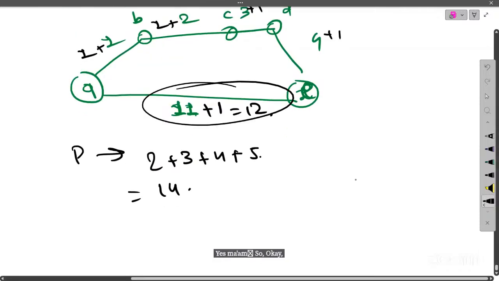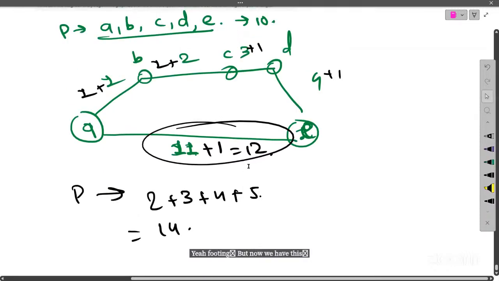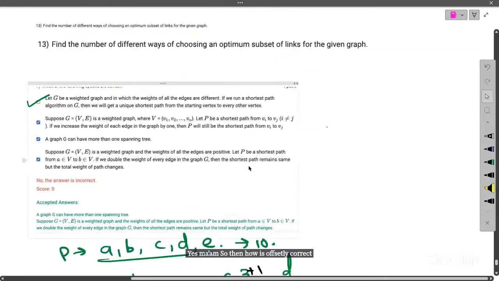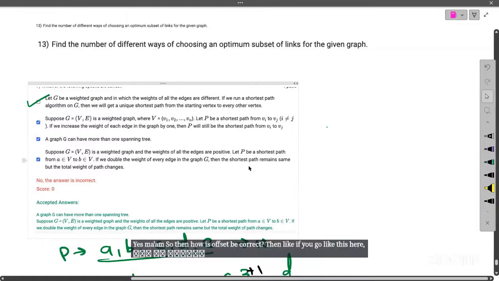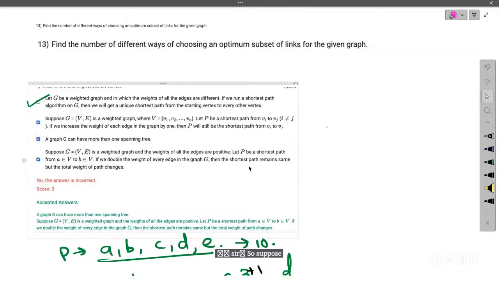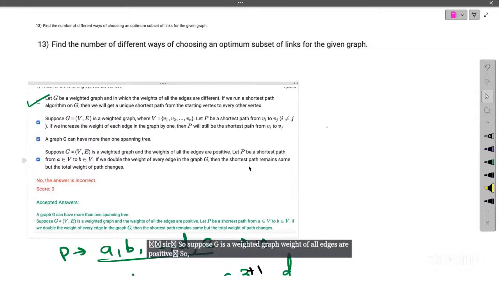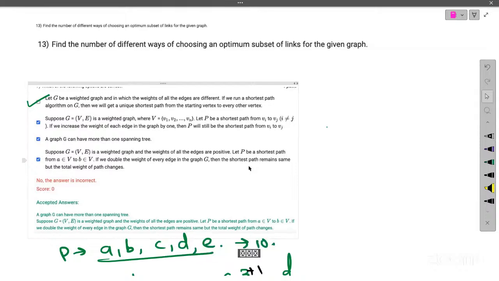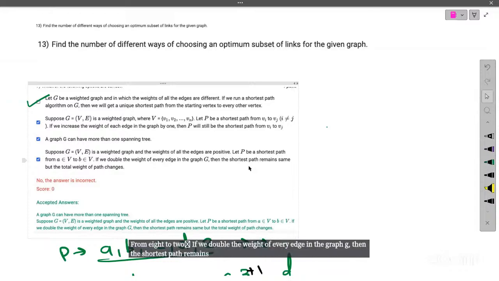Okay, I understood, ma'am. Then how is option D correct? Suppose G is a weighted graph, the weights of all edges are positive. Let P be the shortest path from A to B. If we double the weight of every edge in the graph G, then the shortest path remains the same, but the total weight of the path changes.